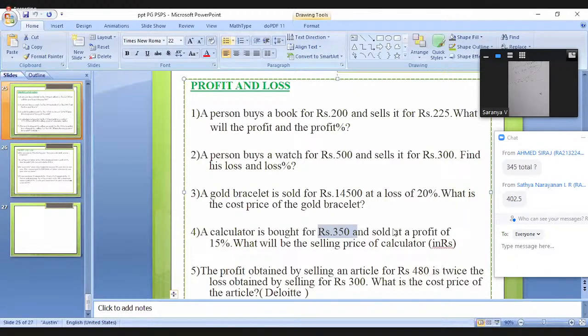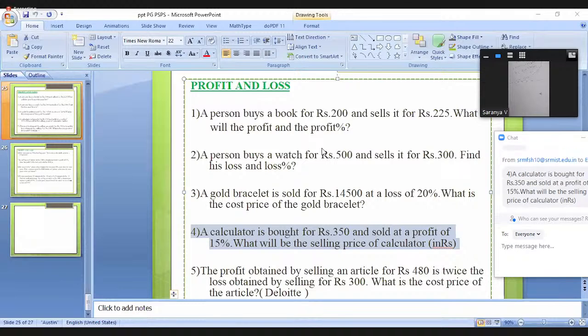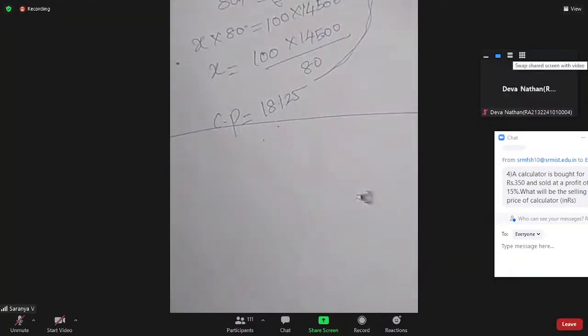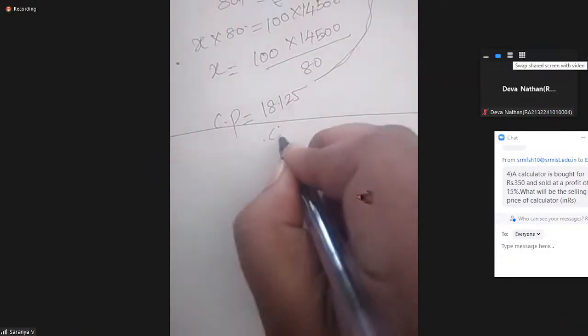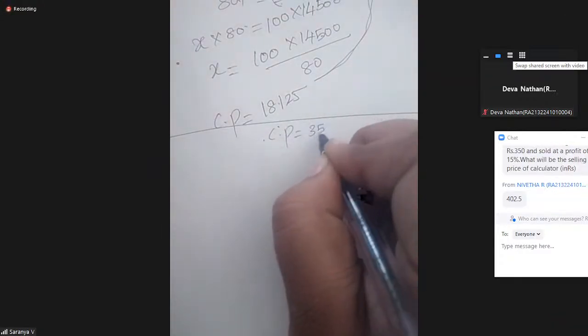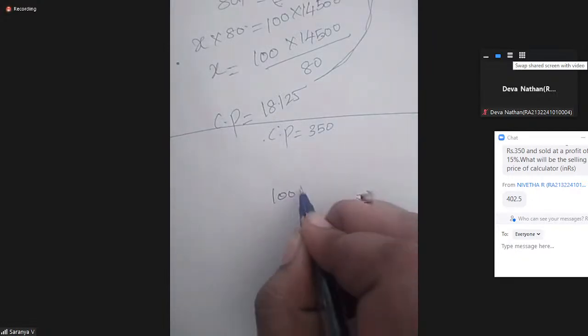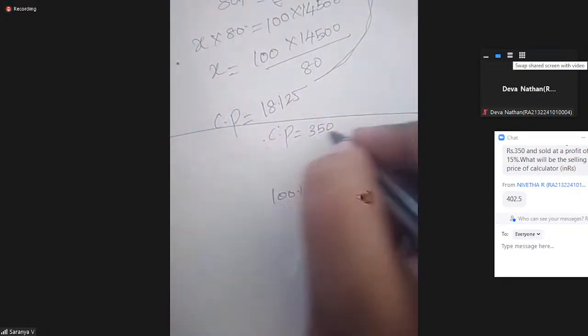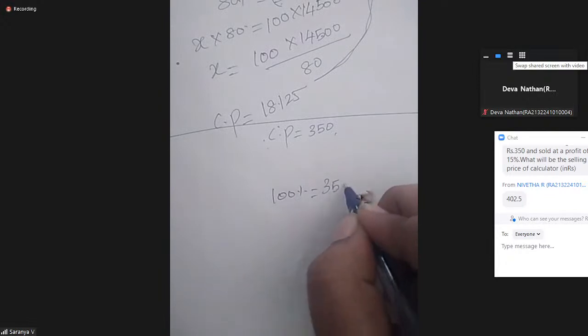Okay, I'll post the same question in the chat box. So we know that the cost price is 350 rupees. That is the 100% amount. Always the cost price is the 100% amount.